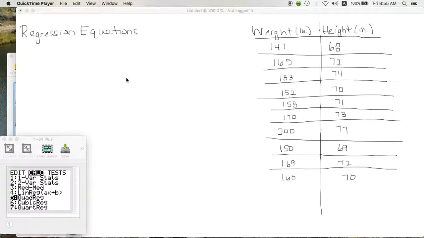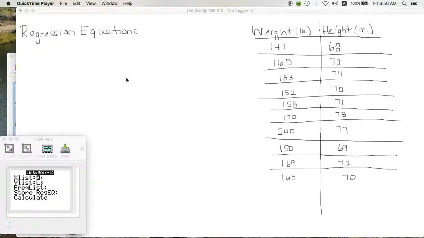There's a quadratic, that's if it looks like a parabola, a cubic, quartic to the 4th power polynomial, another linear regression line with the equation being a little bit different, a natural log regression line, an exponential regression, a power function regression, a logistic, which is logarithms and things like that we haven't talked about, a sinusoidal regression. But we're going to look at the linear one, which is number 4, the first one up there.